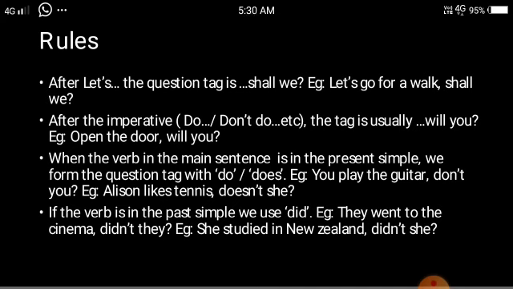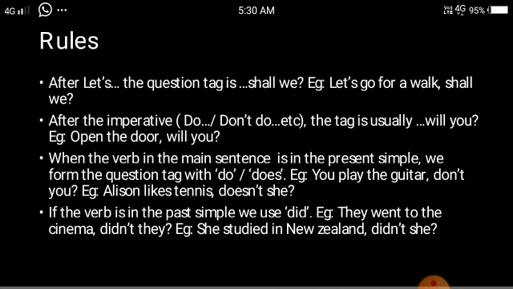So it is a positive sentence which will take a negative question tag. It is in simple present, so you have to use the verb do. You play the guitar, don't you? Alison likes tennis. Doesn't she?